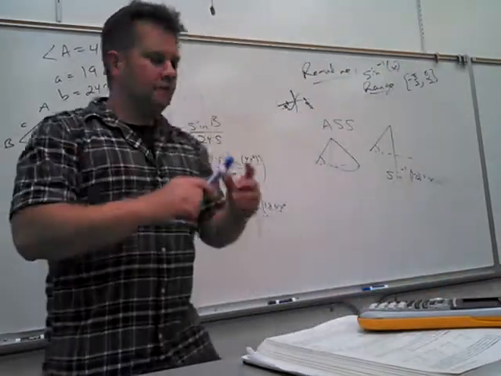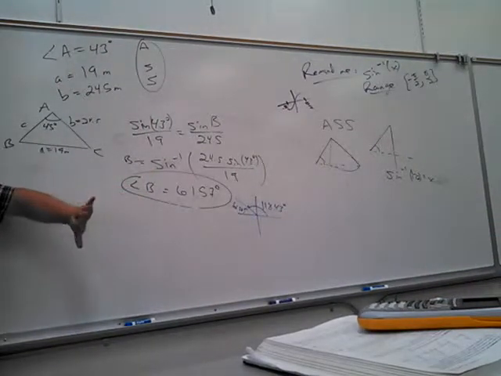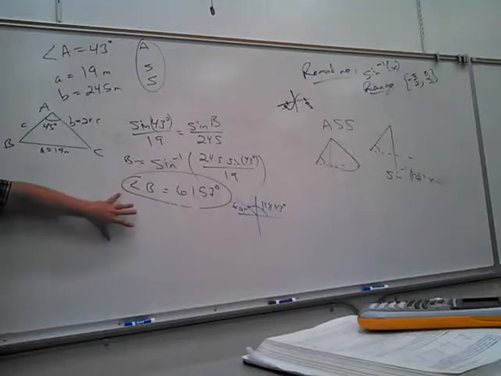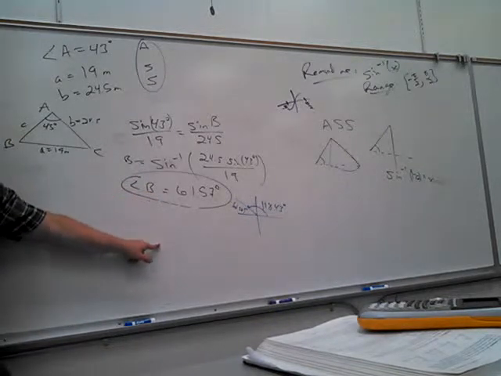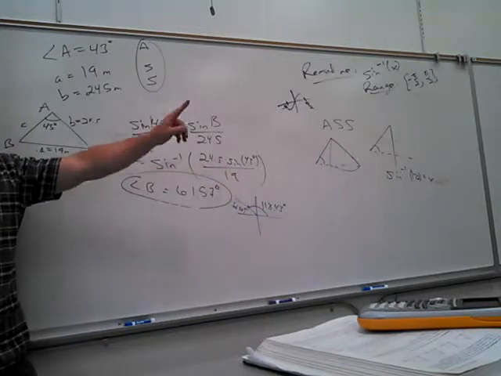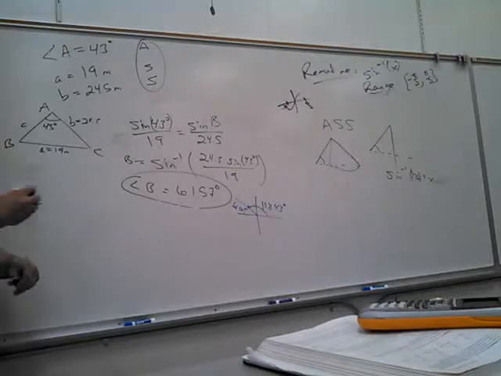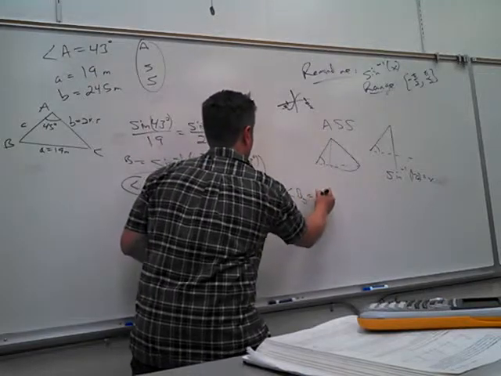This is where a lot of you are at least as messy as I am, and a big key to this kind of problem is organization. You've got one whole set of answers based off of this angle, and then a whole other set of answers based off of that angle. So you have angle B1, and you have angle B2.